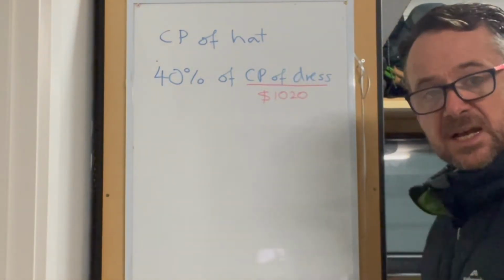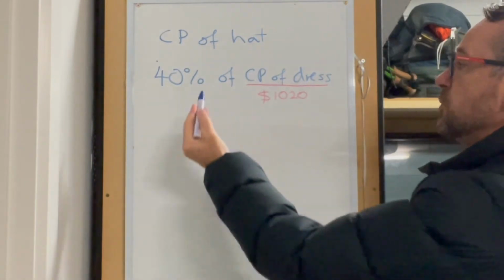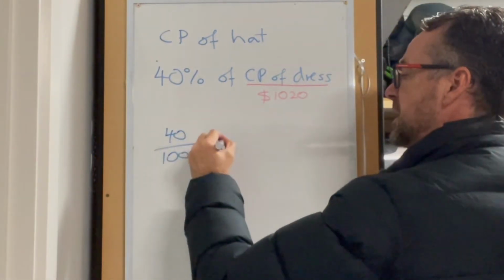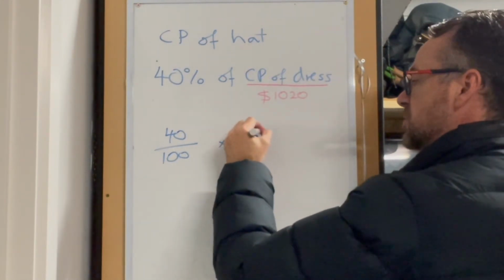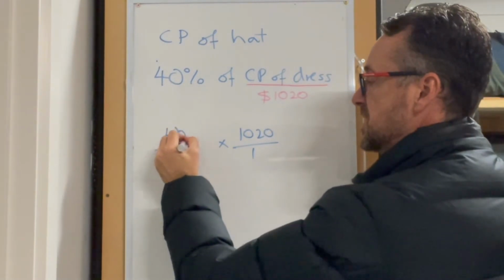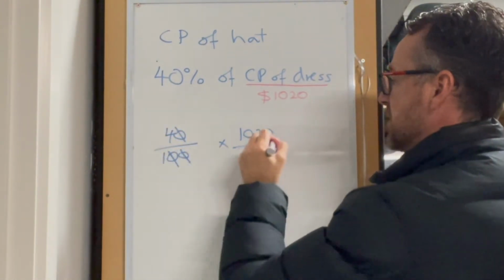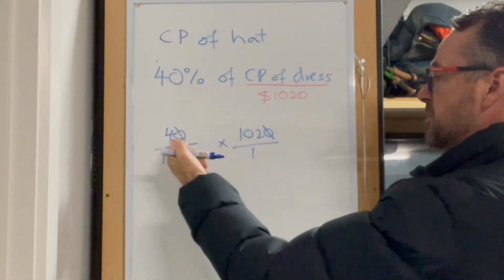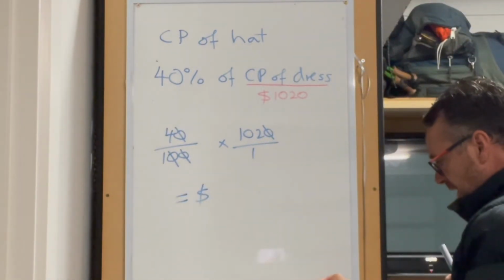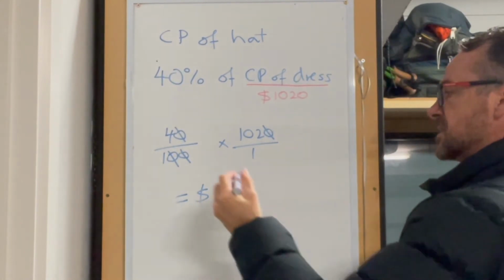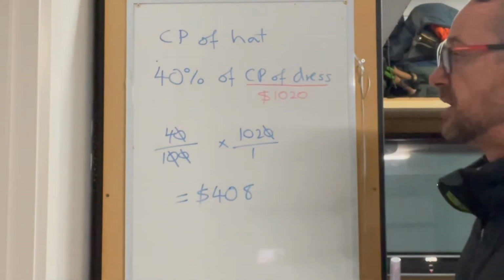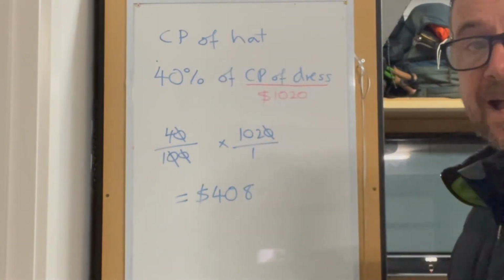So now, exactly like the first question, part A, we've got our 40%, so it's 40 over 100, "of" becomes times, and 1,020 over 1, and again, we can cancel that 0 there with that 0 there, that 0 there with that 0 there, and we end up with this 4 multiplied by 102, okay? And that gives us 408 as our answer for the cost price of the hat.